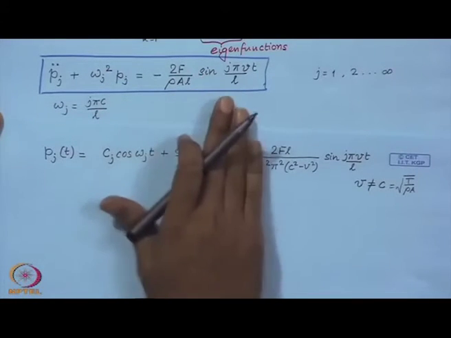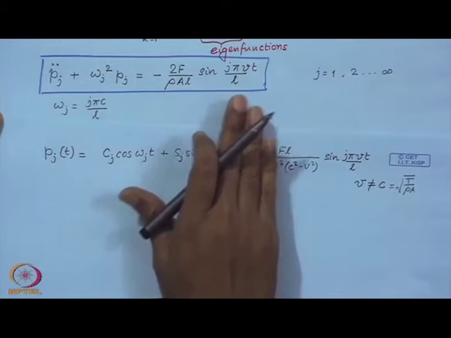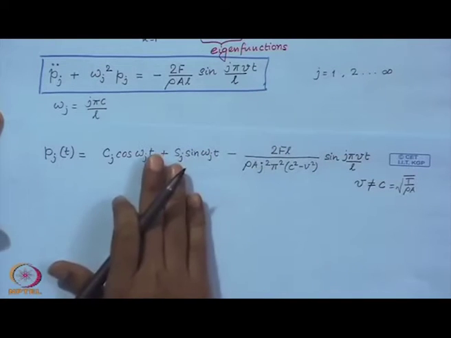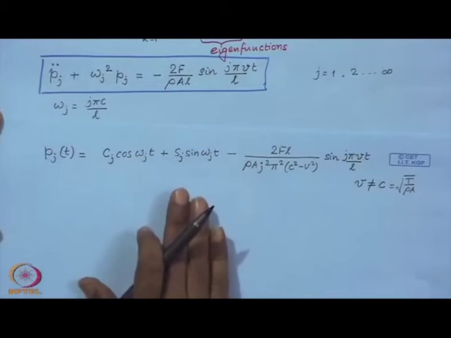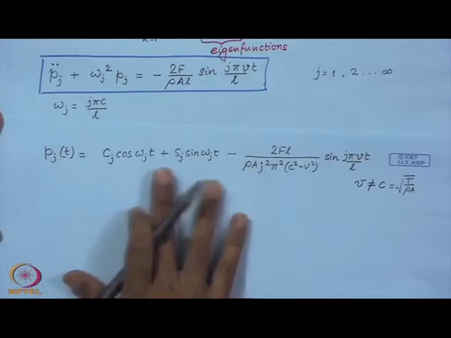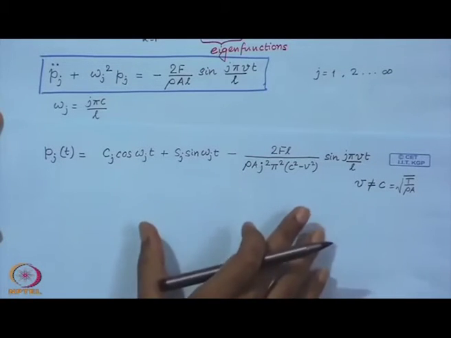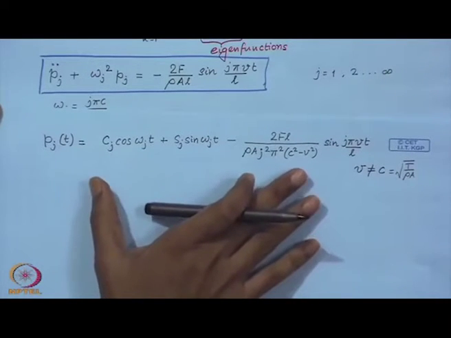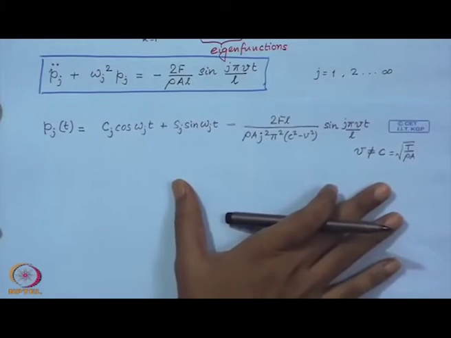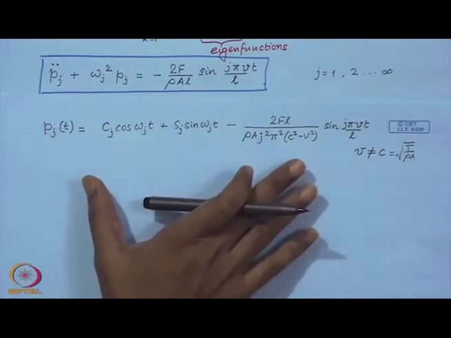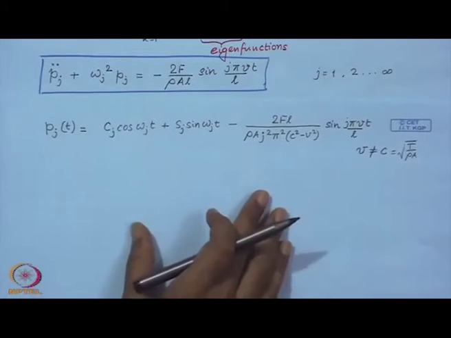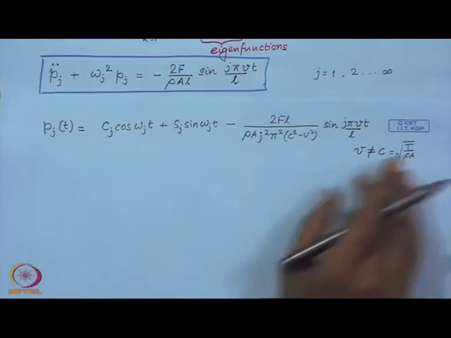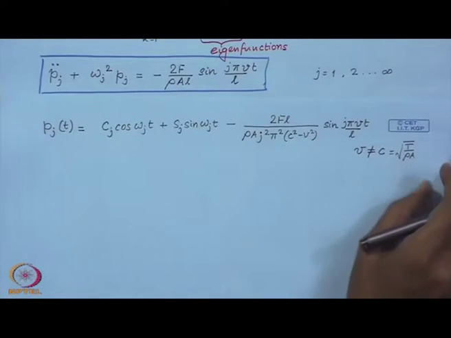So, all modes will be in resonance if V equals C. So, that would be a resonant forcing of the string, and the solution is, as you know already, in a different form. So, this solution is valid as long as V is not equal to C. You can also find out the resonant solution using the standard techniques that you have studied in a course on discrete vibration.